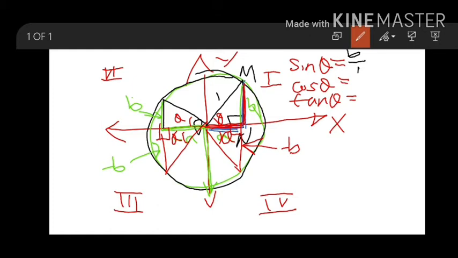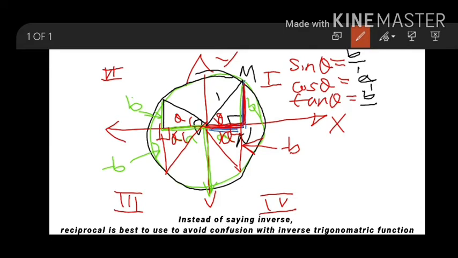Cos theta is base by hypotenuse. Our base is A, hypotenuse is same 1. Tan theta is opposite by base, that is B by A. We can see that all the values of trigonometric ratios sin theta, cos theta and tan theta are positive.